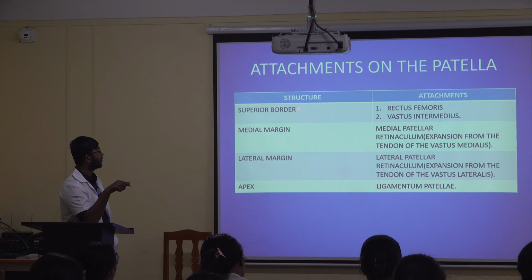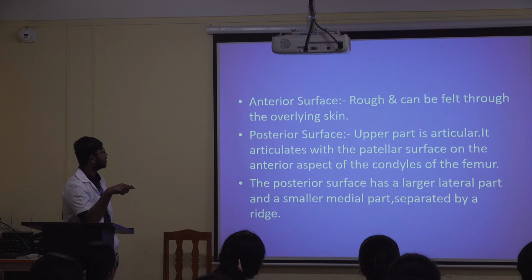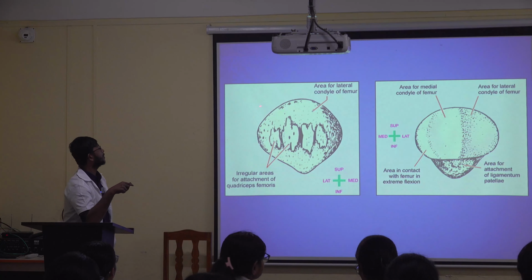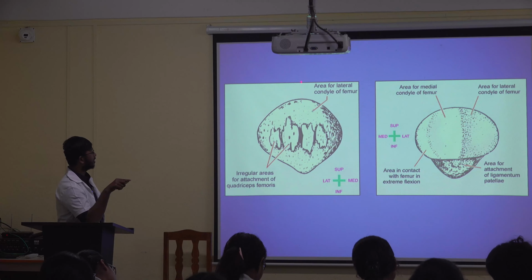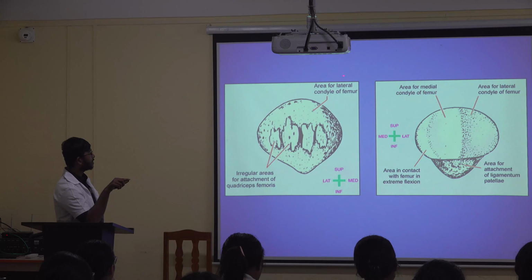So basically, if this is the patella, the vastus medialis attaches first, and vastus intermedius attaches, and the rectus femoris attaches in this part, and on the medial side we have the vastus medialis.